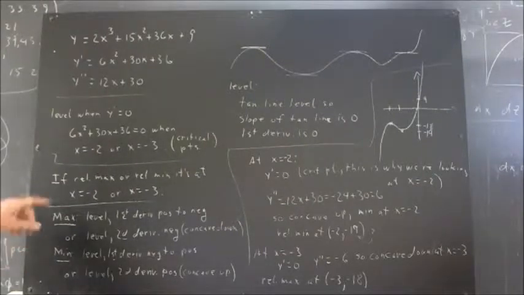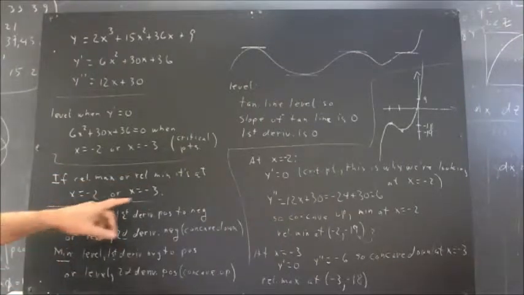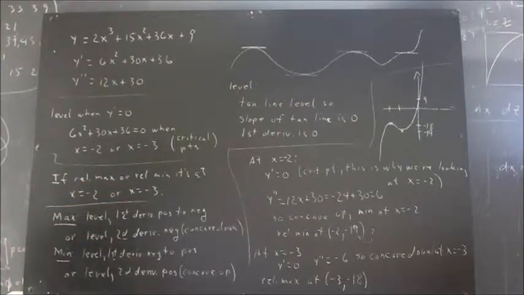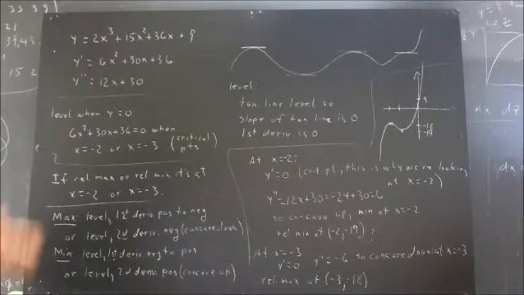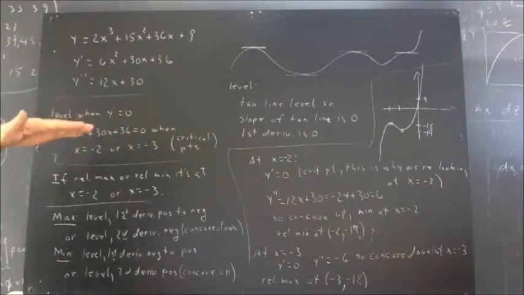Now I make the statement here, if there's a relative max or relative minimum, then it has to be at one of these points. Another important thing to understand is these are the only points at which the graph is going to be level. These are the only critical points. These are the only points at which the first derivative is 0, and if the first derivative isn't 0, then you're not going to have any of these behaviors.